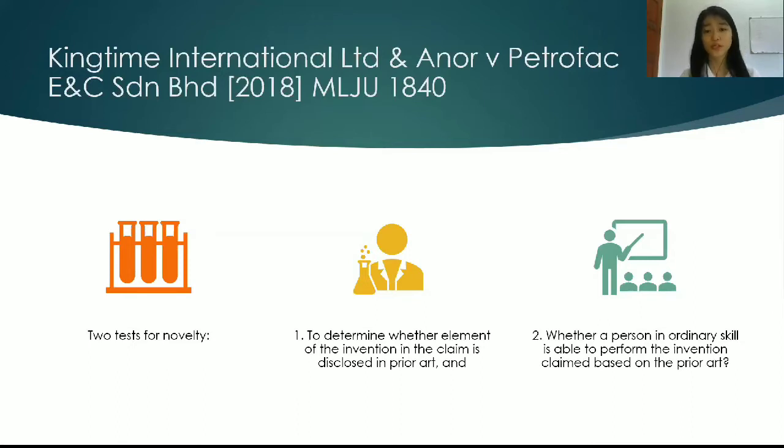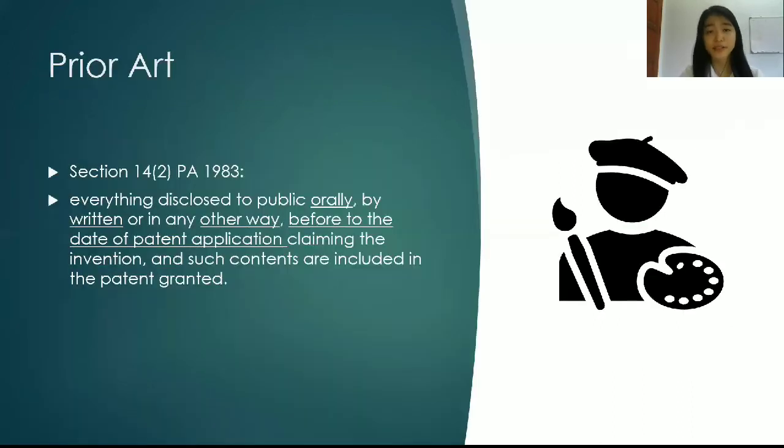The first is to determine whether the element of the invention in the claim is disclosed in prior art, and the second test is whether a person of ordinary skill is able to perform the invention claimed based on the prior art. The judge held that if the answer to both tests is affirmative, novelty cannot be established.